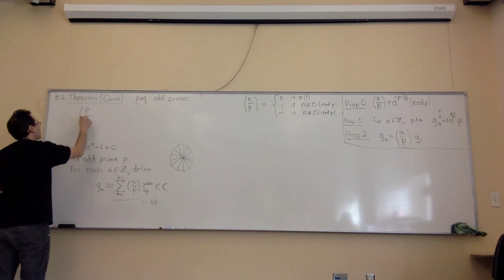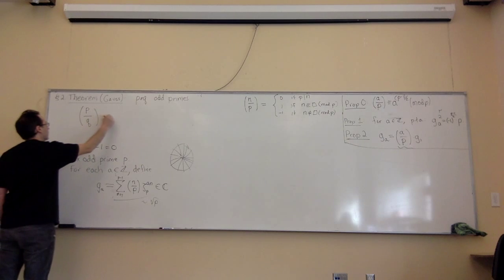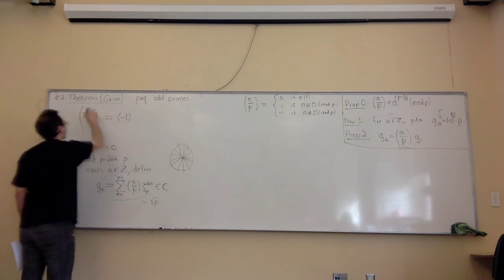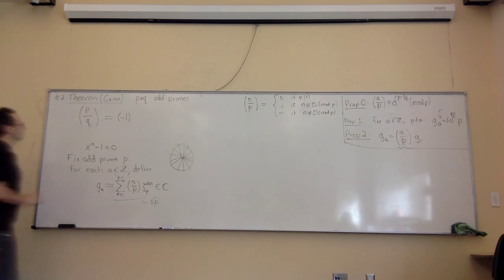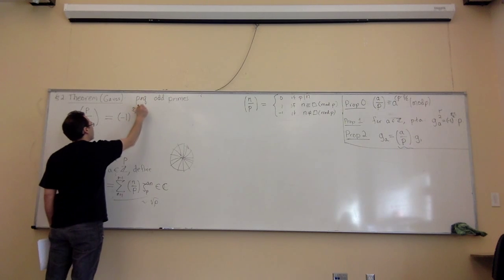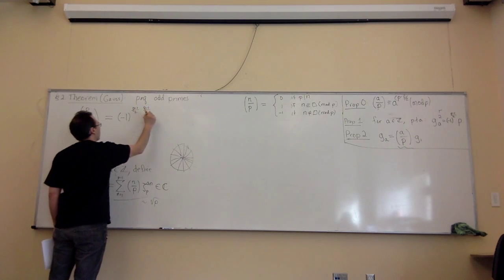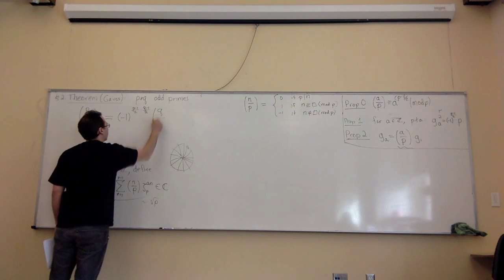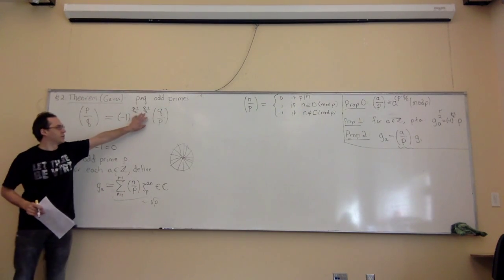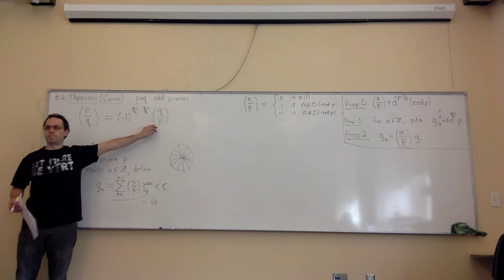Whether or not p is a square mod q is related by a simple formula, namely the symbol p on q is minus 1 to the p minus 1 over 2 times q minus 1 over 2, and then q on p. In other words, something mod q is related mysteriously to something mod p.